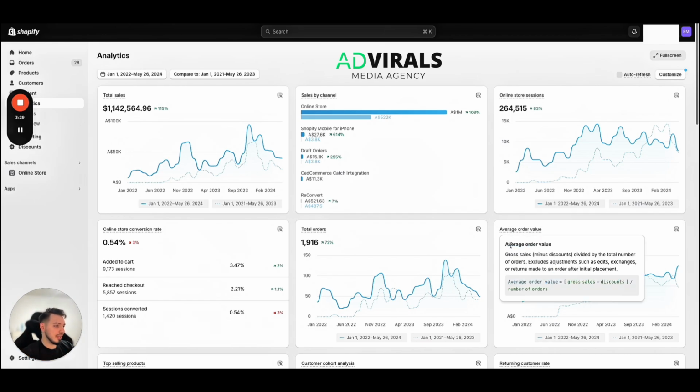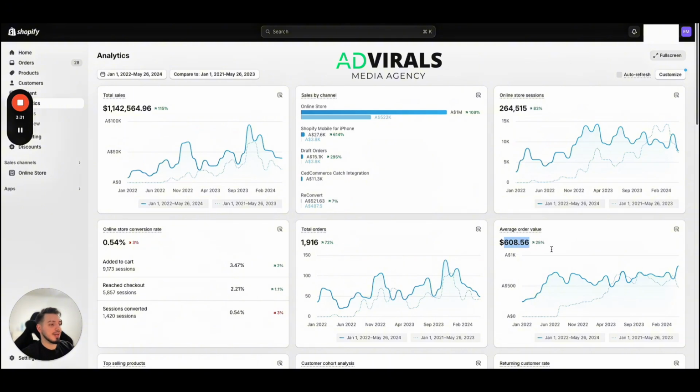Now, if we look at the average order value, like I said, we were up 25% because of the upsells and the downsells that we've added using tools like Reconvert. And this is basically what was also very helpful for us, because, like I said, since it's a seasonal product, there are times when we're seeing a lower conversion rate and at the same time a higher CPA.